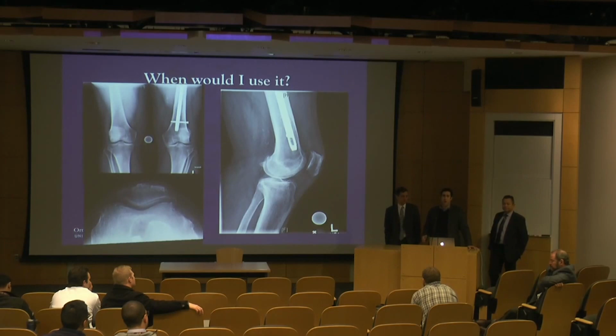The soft tissue balancing around the knee becomes a secondary question, and you have to answer it separately. So once I have the components where I want them, I then would make releases either to the medial collateral ligament or lateral collateral or IT band or whatever to balance the knee, in addition to increasing my poly size. And that happens after I have the bony resections performed such that it establishes a neutral mechanical alignment.